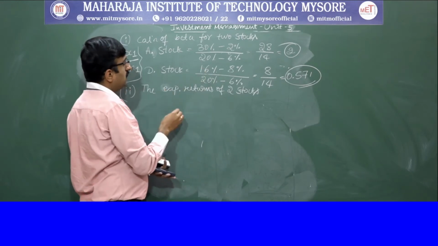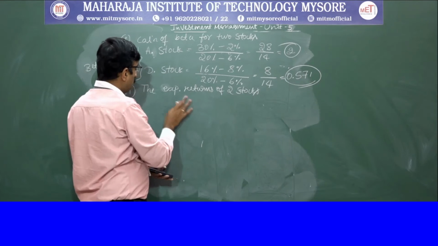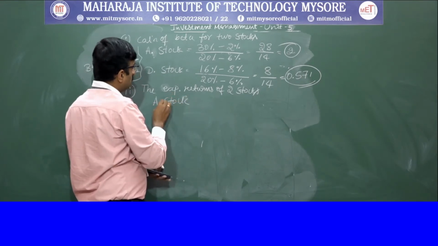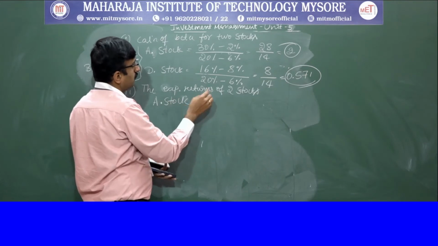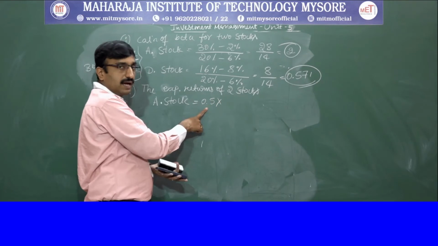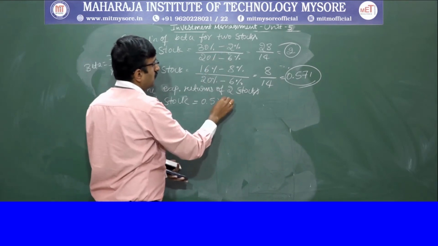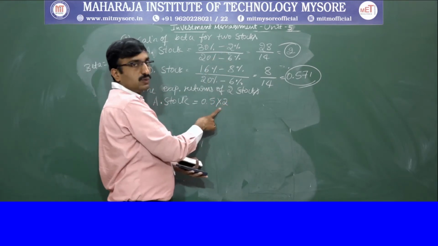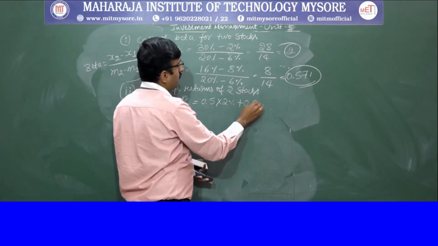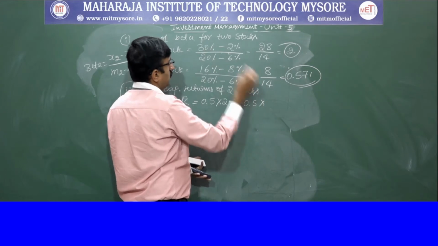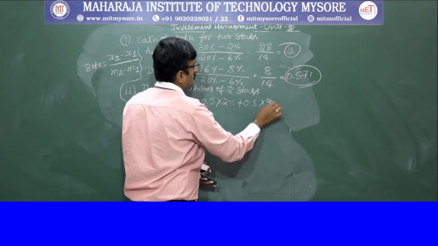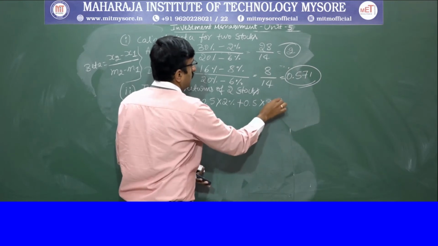So first, for the aggressive stock, you take 0.5 into 2% plus 0.5 into 30%.